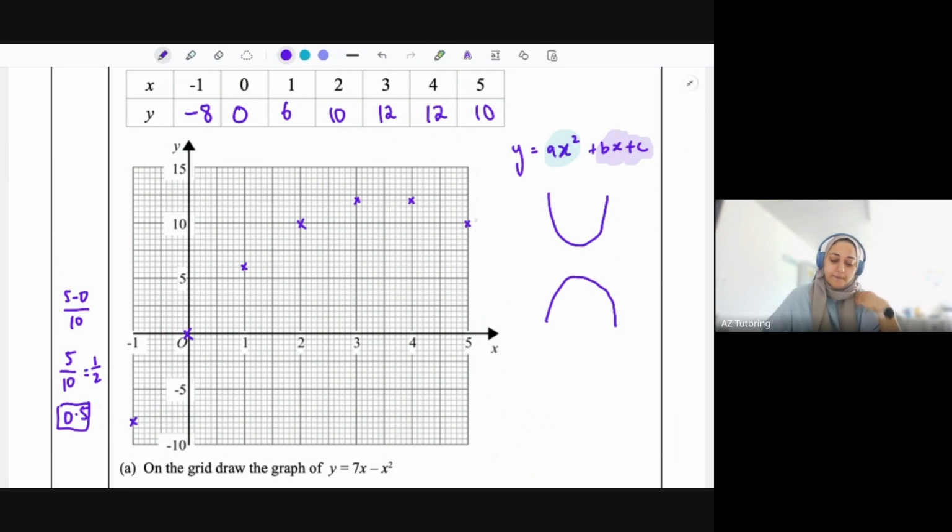So right here. Now, a mistake that everyone tends to make is they join this up like it's dot to dot, so not a smooth curve. They just do it like that. You will not get the marks. You have to draw it as a smooth curve. So like so. We'll try again.